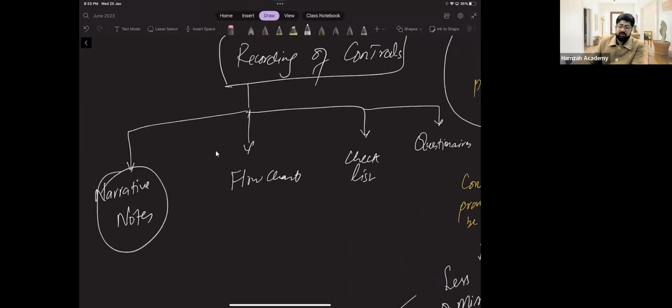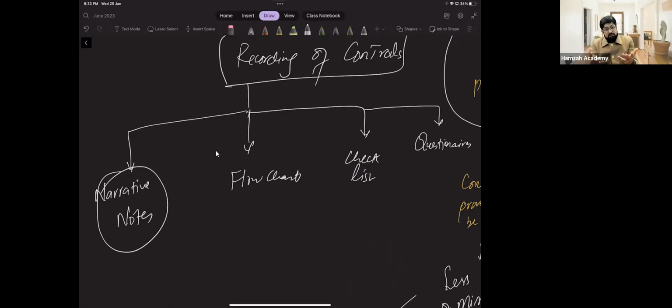Narrative notes, what are they? Narration in the form of a story. That I understood the controls, how controls are working. I say, okay, the purchase department prepared the purchase requisition. They check the available stock, fill the purchase requisition, which is reviewed by the store manager who signs it and then sends it to the purchase department, which places the order with the supplier.